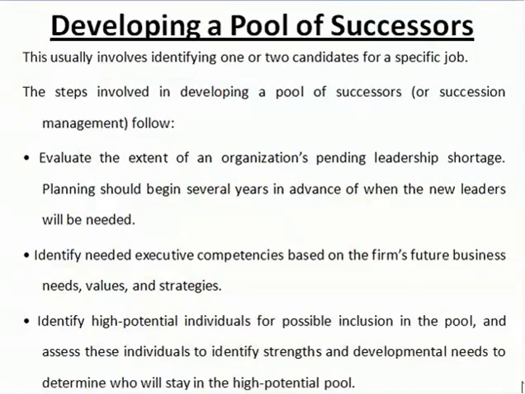The planning should begin several years in advance of when the new leader will be needed. Then, identifying the needed executive competencies, they list the competencies based on the firm's future business needs, values and strategies, and also on the vision or objective of the organization.